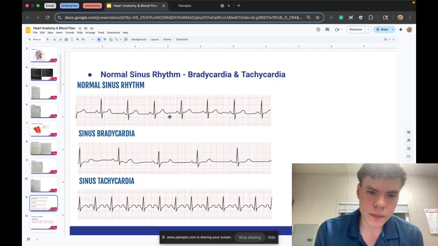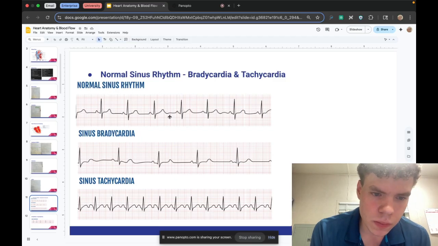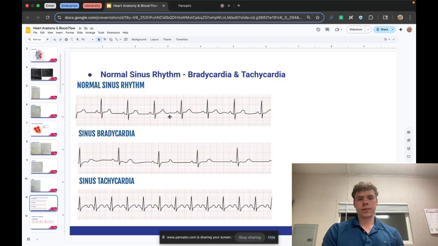Looking at it more closely, that will give you the heart rate. So, for example, as you can see, there's four boxes between each R to R. Take 300, divide it by the number of boxes, which would be four, and that will give you 75 beats per minute, right?